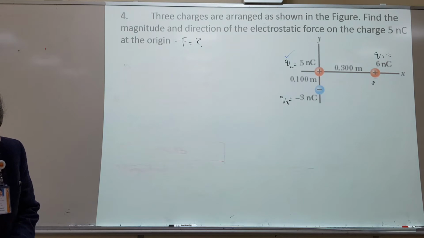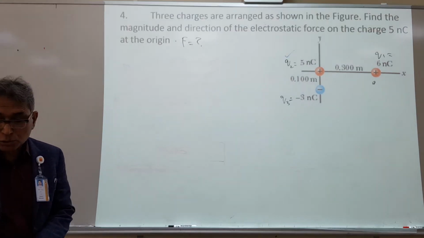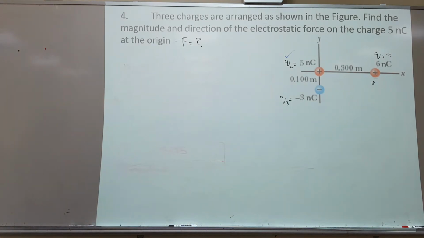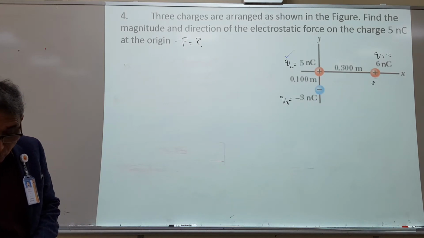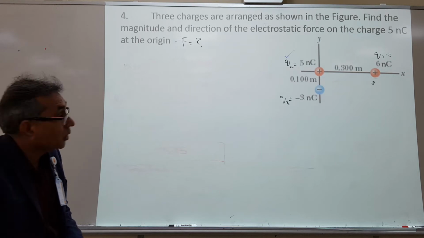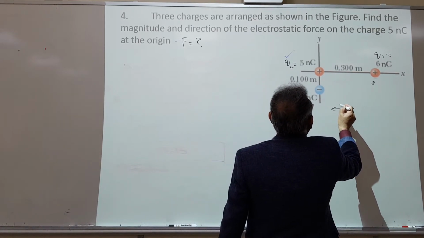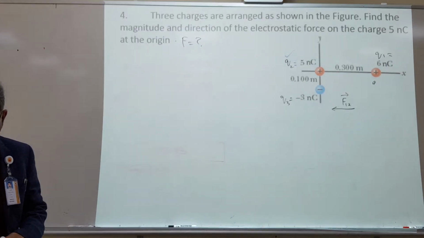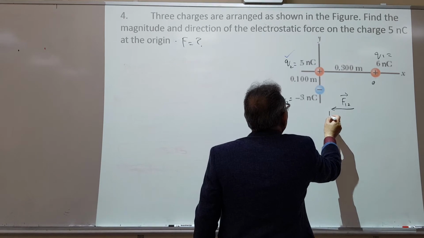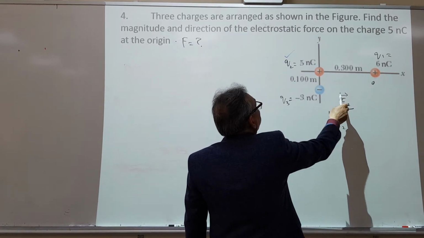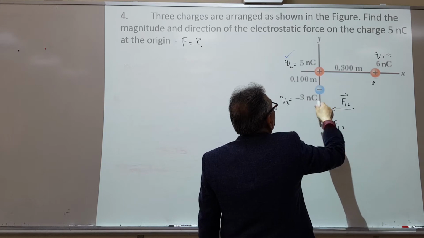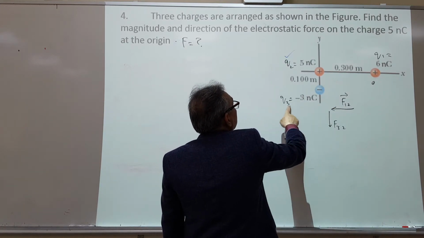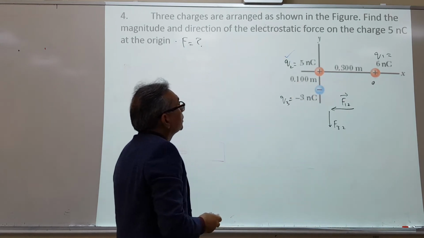You see, keeping in mind the rule for the direction of the electric force and the direction of the electric field lines, we see that F12 is in this direction and F32, the force on charge Q2 by Q1 this direction, and the force on charge Q2 by Q3 along this direction.